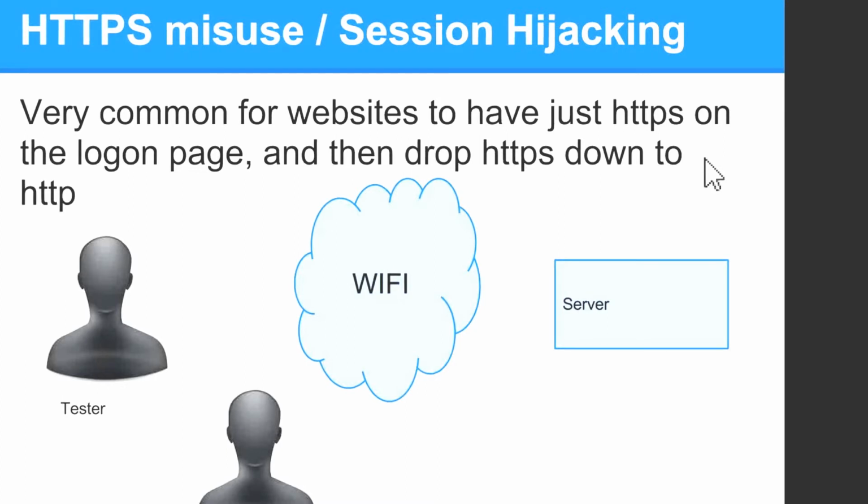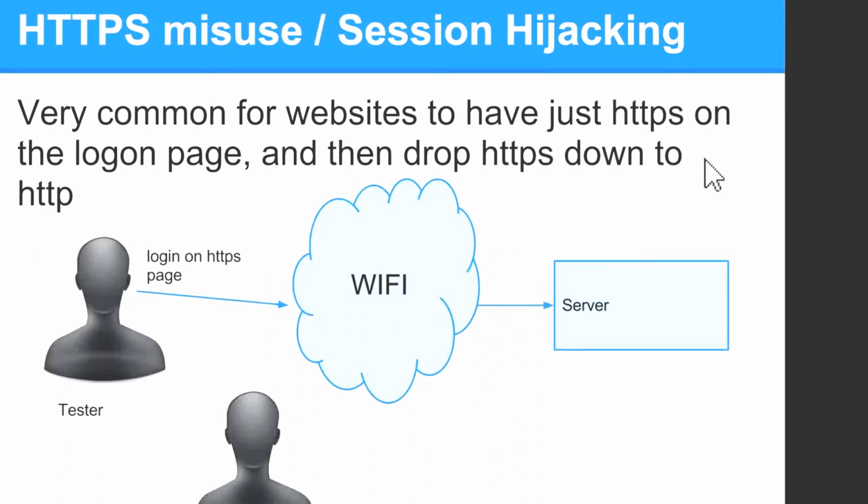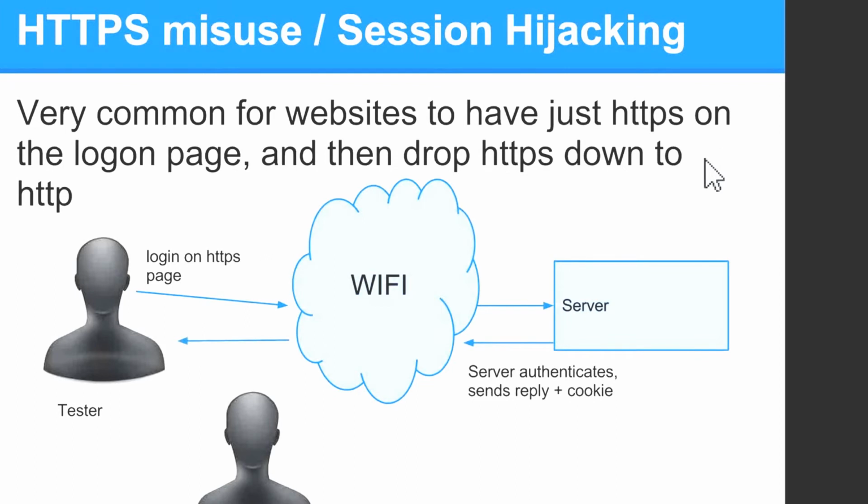On a vulnerable website that only implements HTTPS on the login page, this is what's going to happen if a user tries to access your website and there's a bad guy sitting on the same wireless router, say at an internet cafe or a coffee shop. You log on to the HTTPS page. It goes over the Wi-Fi and gets to the server. The server says, okay, that username and password checks out, and sends a reply that tells you to create the cookie.